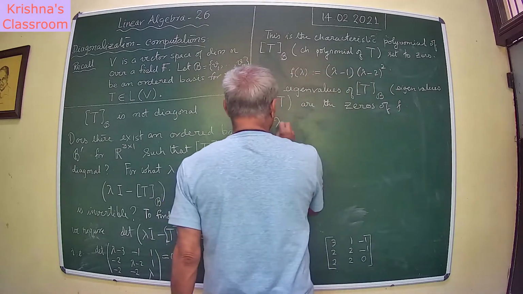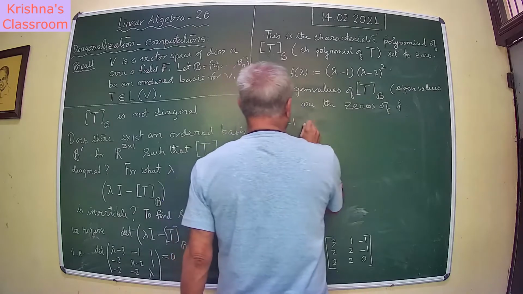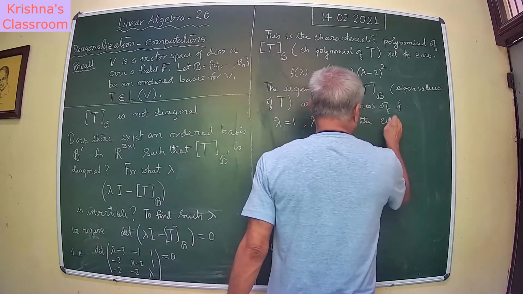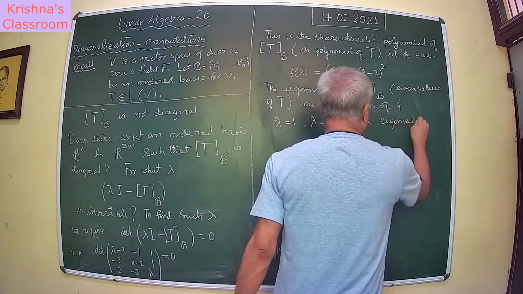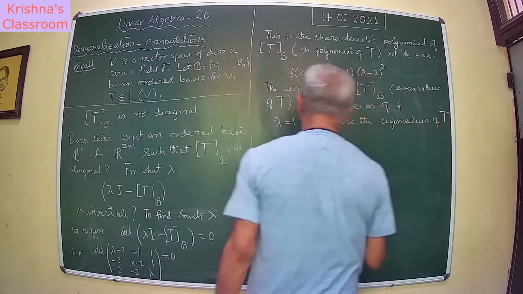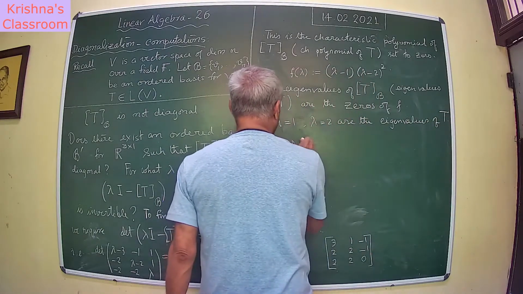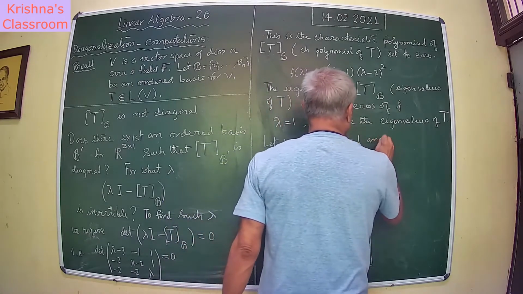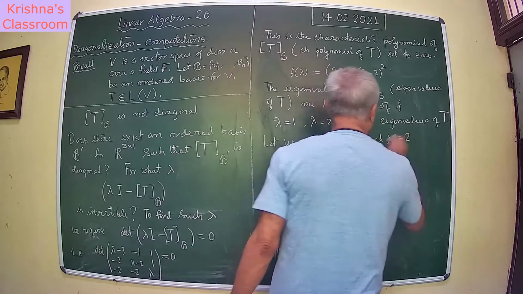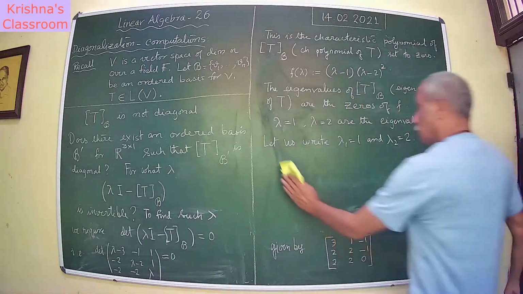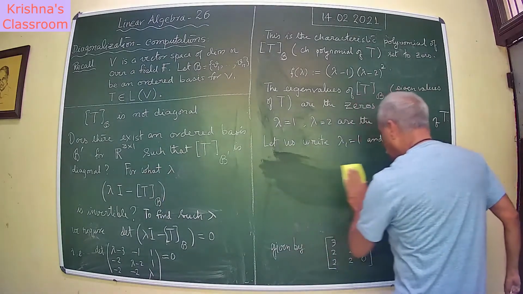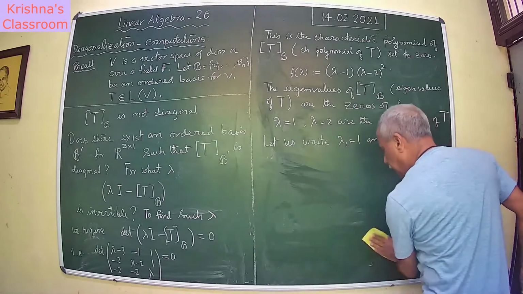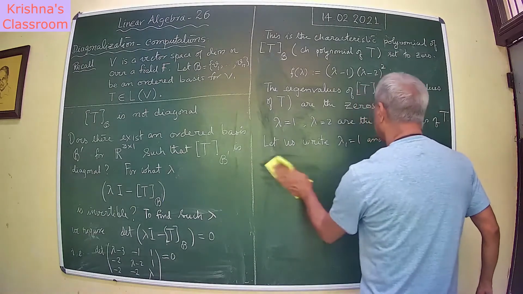Lambda equal to 1, lambda equal to 2 are the eigenvalues of T. So let us write now. We have got two zeros of the third degree polynomial and one of them with multiplicity 2.